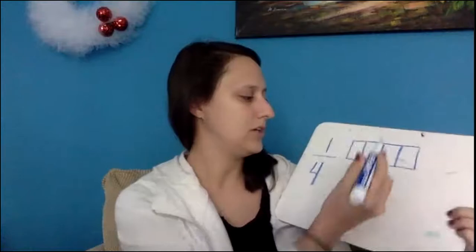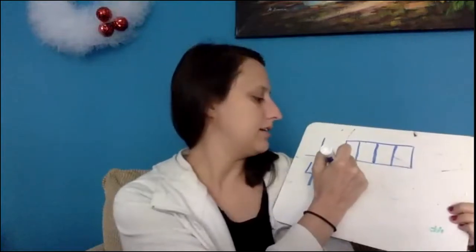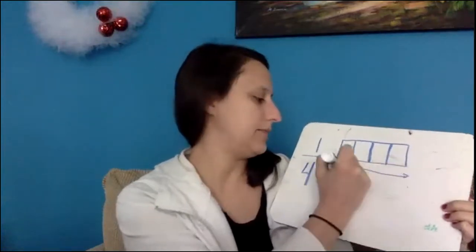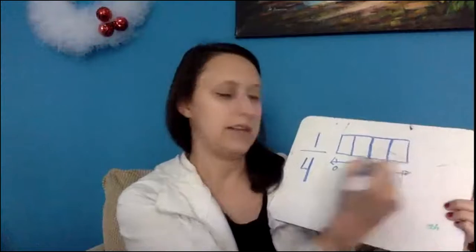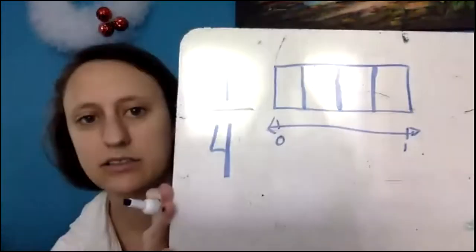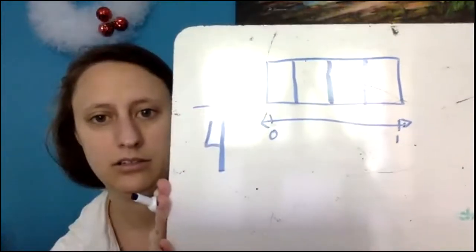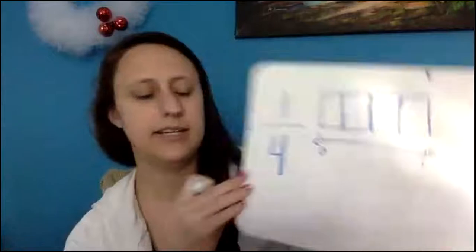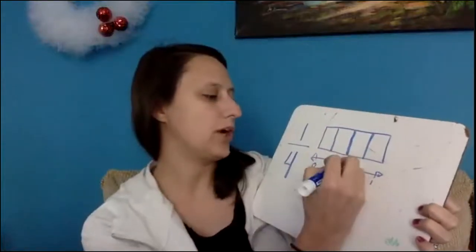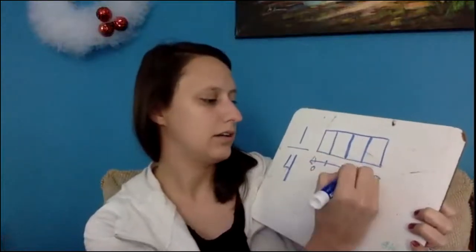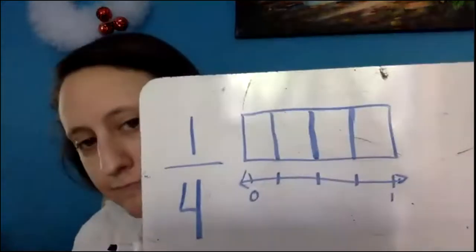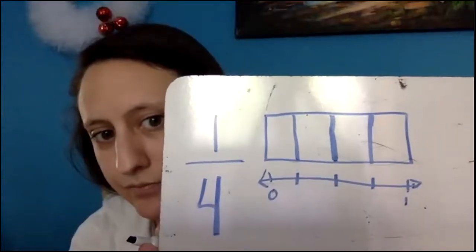And on a number line, you would divide your number line because this is 0 and this is 1. Can everybody see that? Okay, 0 and 1. And then you would divide this into 4 equal parts. All right? You following me, guys?